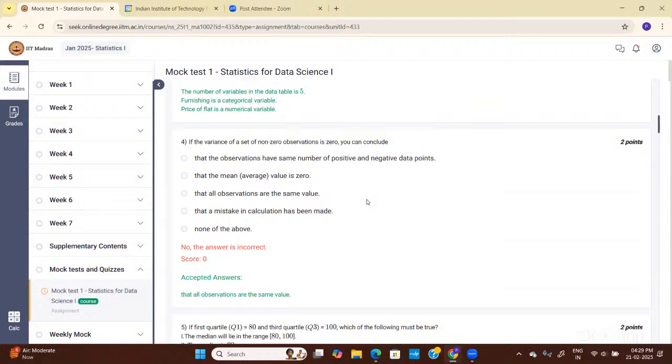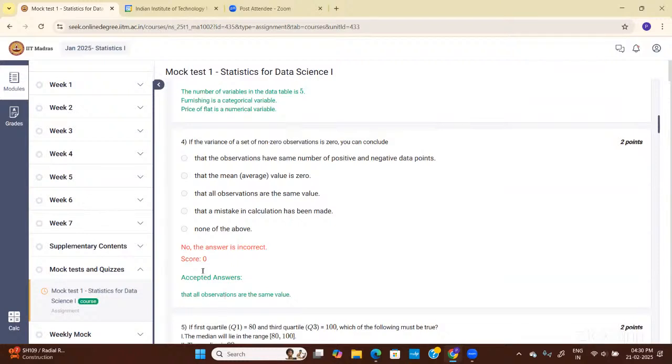And they are saying that the variance of a set of non-zero observations is 0, which means the variance is 0 for that kind of observation. Did you understand now? So, madam, that can only happen if it is 3 3 3 3 3 or 4 4 4 like that, right?